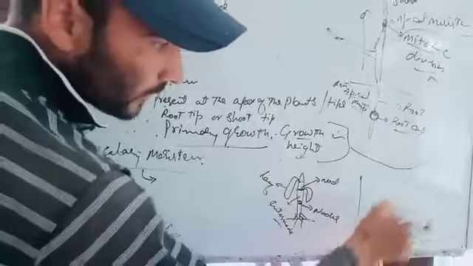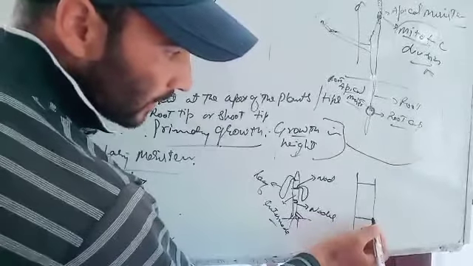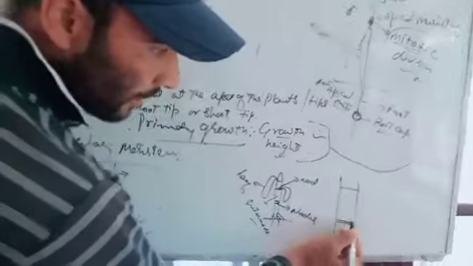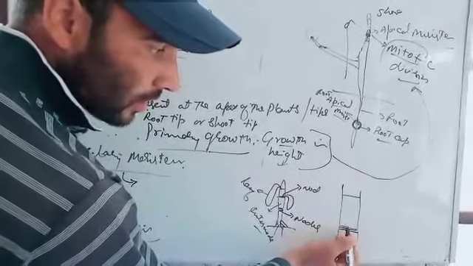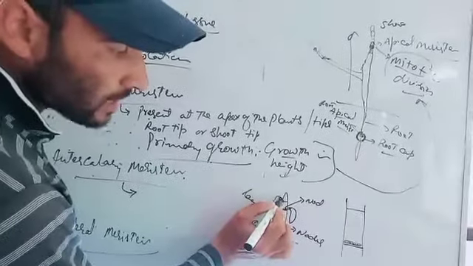I will show again here. If this is a node, and another node, here at the base of the internode is the intercalary meristem. The dotted line I showed here is the intercalary meristem at the base of the internode, and also at the base of the leaves.